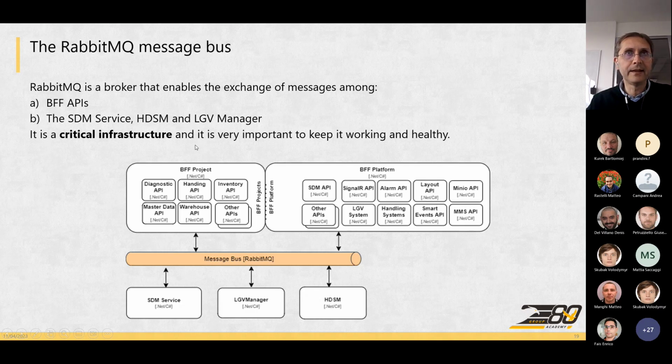So what happens is actually that the warehouse could stop working completely because the requests from SDM will not reach LGV Manager. They will be isolated from one another. So it's very, very important to understand how to use this message bus, how to check if it is healthy, and how to address an issue if it is not healthy.